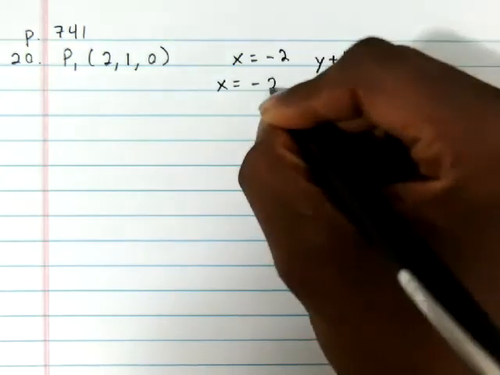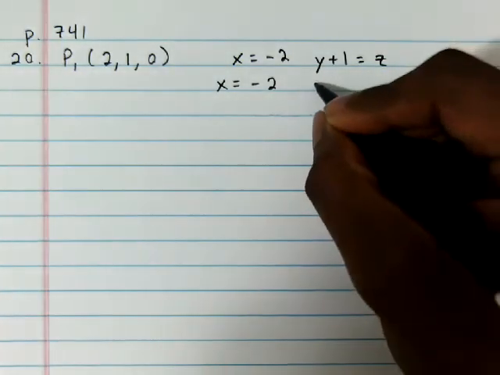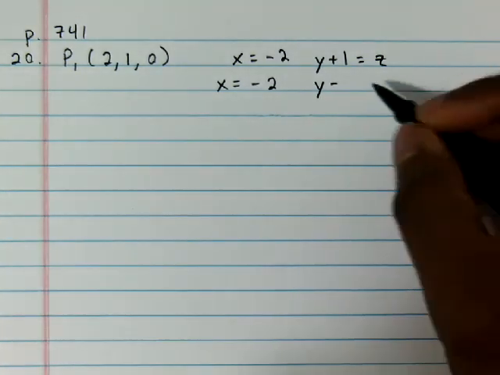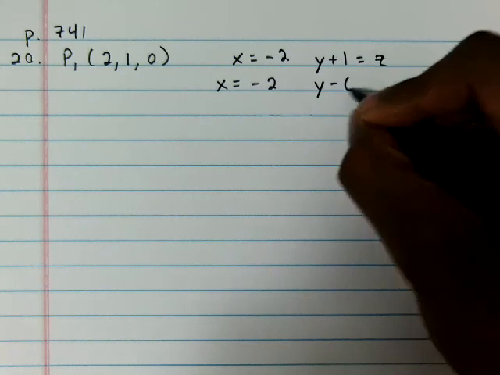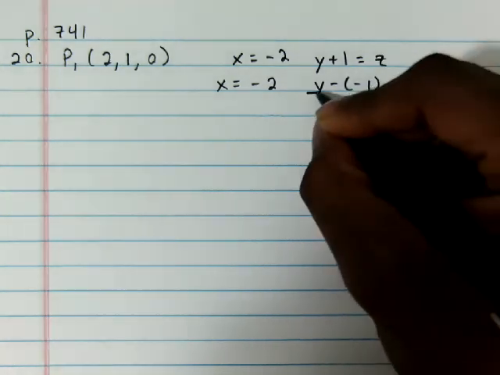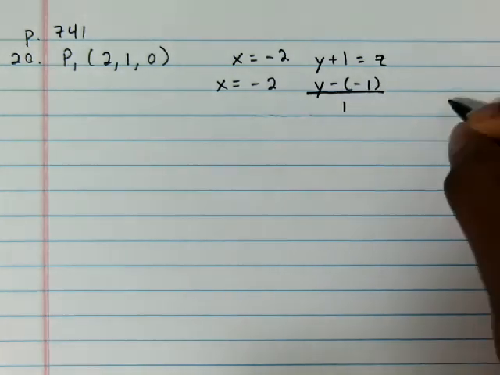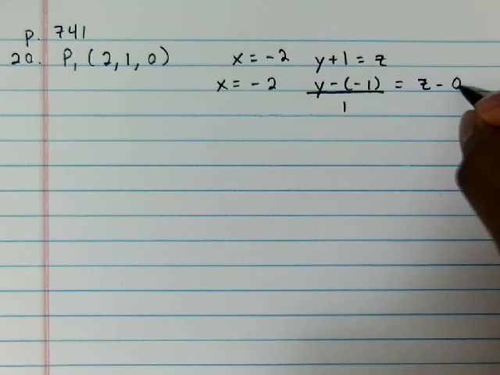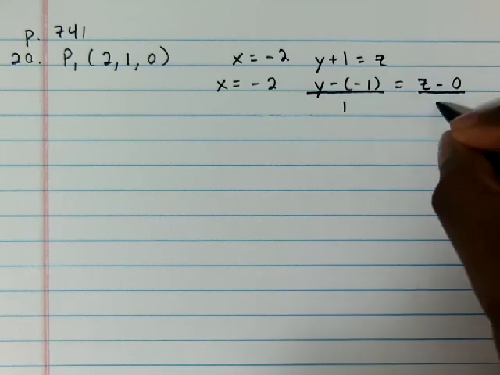in the format that we're accustomed to. So we need to have y minus something over something. So this is y minus -1 over 1 equals, and this needs to be z minus something, that's z minus 0 over something, which is 1.